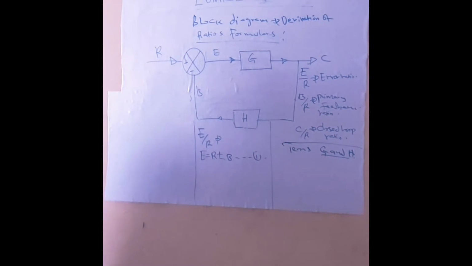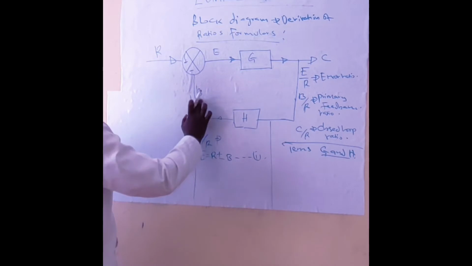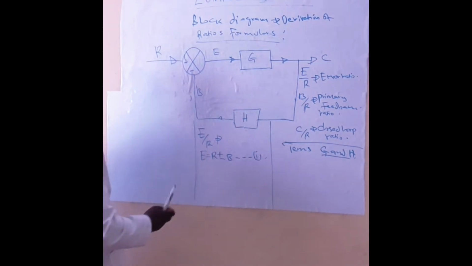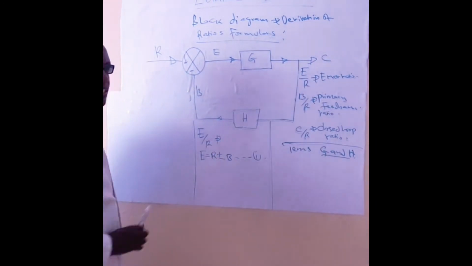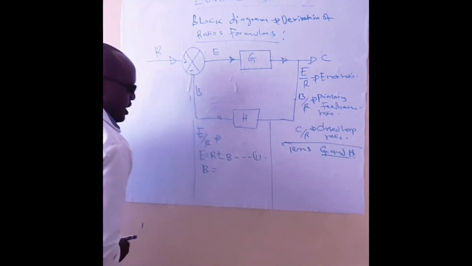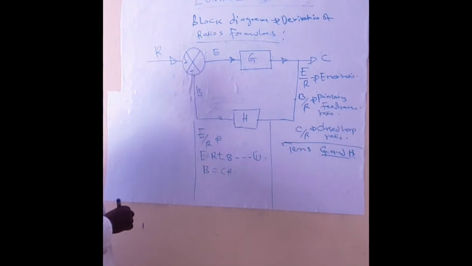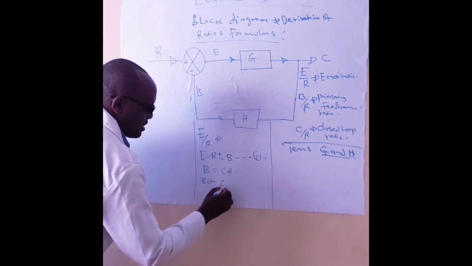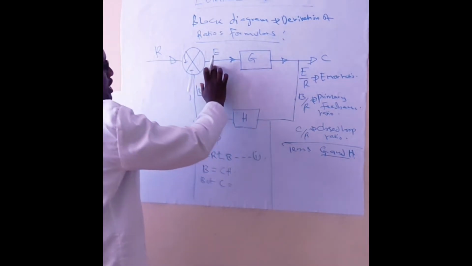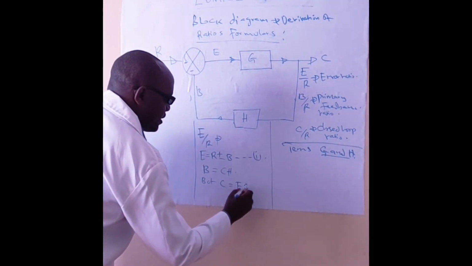Equation 2. From our expression here, B is the combination of the output and the feedback. So we say B is equal to CH. But C is equal to E times the forward part, so C is equal to EG.